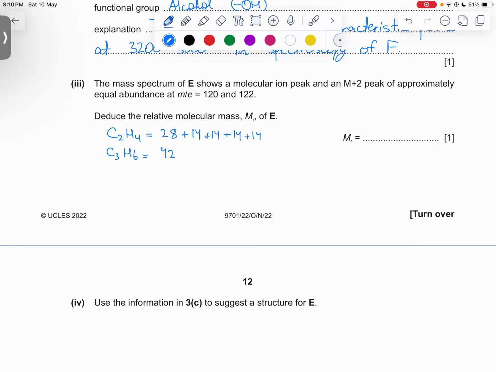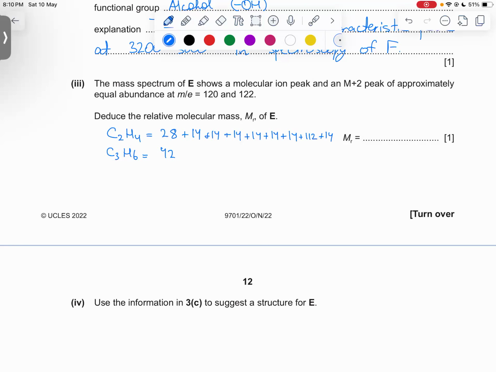After adding another 14, we get 84. Another 14, we get 98. Another 14, we get 112. Now after adding another 14, we get 126.